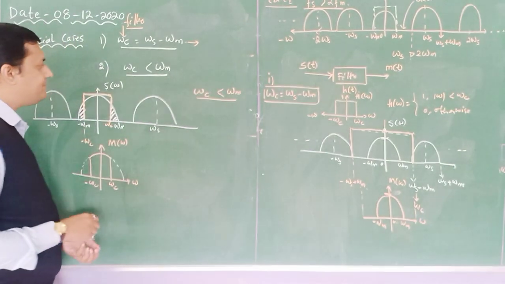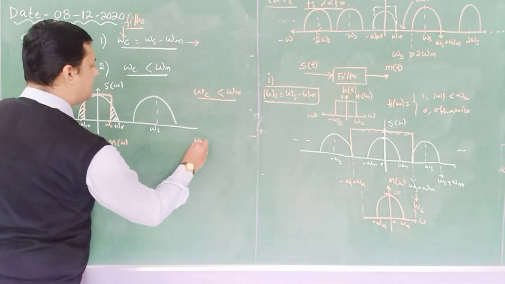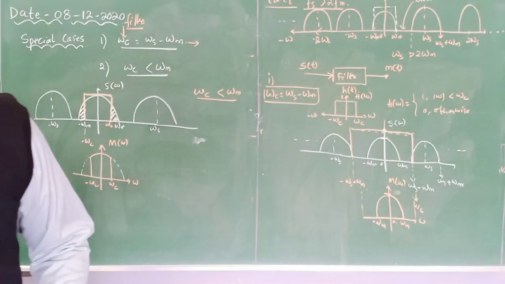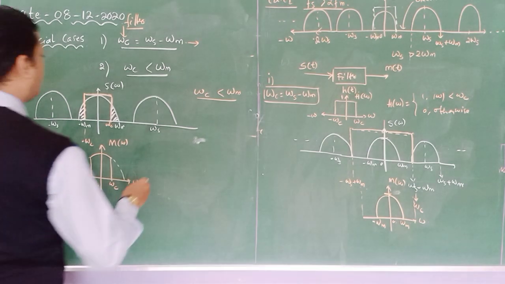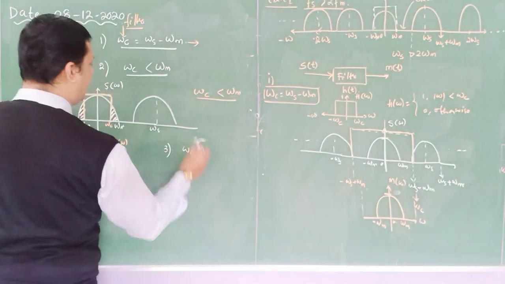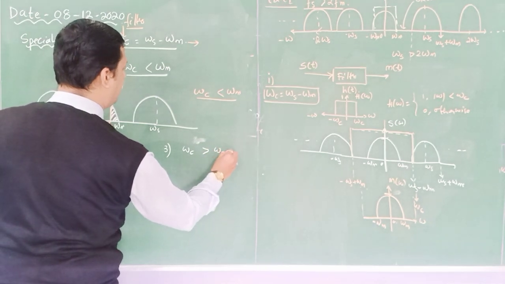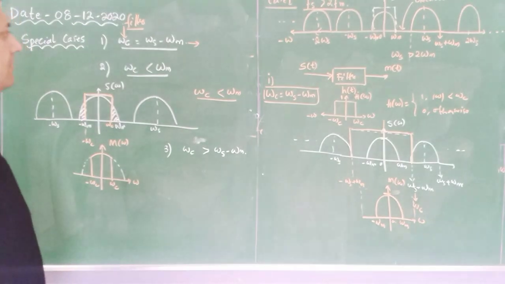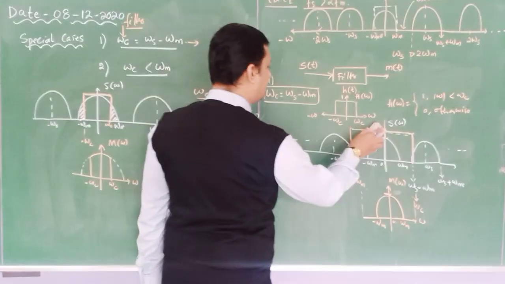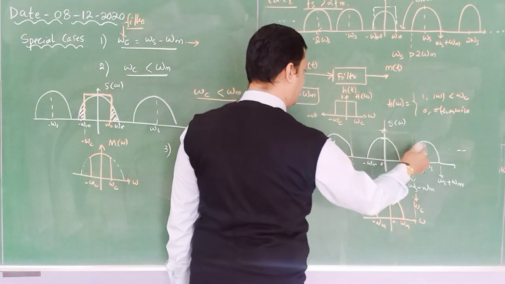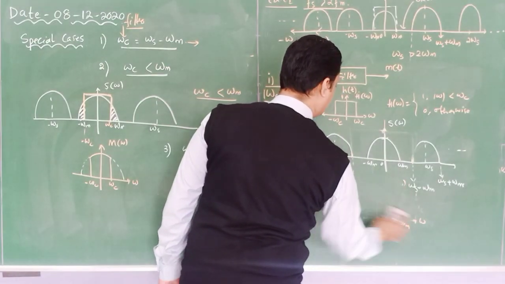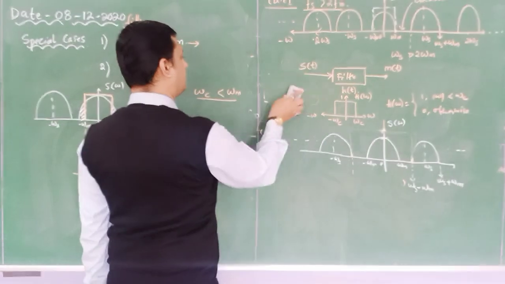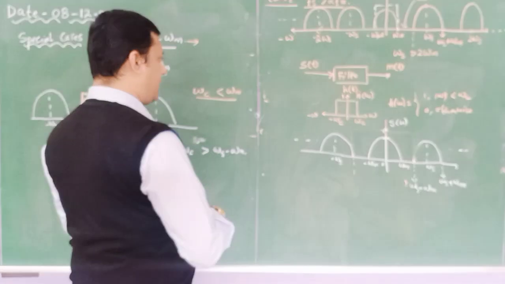Okay. Now next case, as I have written, this is the second case, this is the first case, and the third case is case 3. If omega c is greater than omega s minus omega m, then what will happen? Let's see. So it is the same figure.